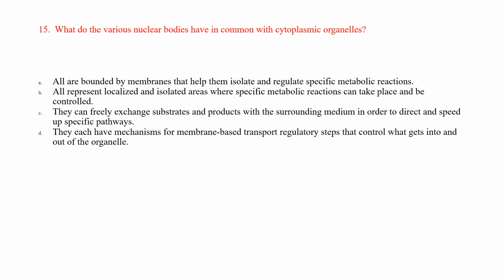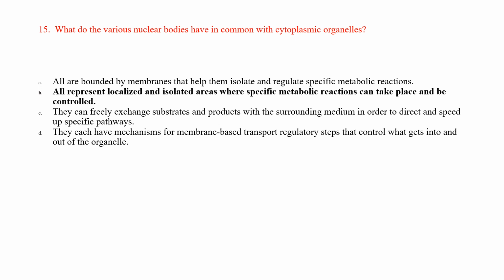Letter B, all represent localized and isolated areas where specific metabolic reactions can take place and be controlled, is our best answer. Letter A, all are bound by membranes, is false, since one of the definitions of nuclear bodies is that they have no membranes. Nuclear bodies do exchange substrates and products with the surrounding medium; however, cytoplasmic organelles do not, especially those in the endomembrane system.